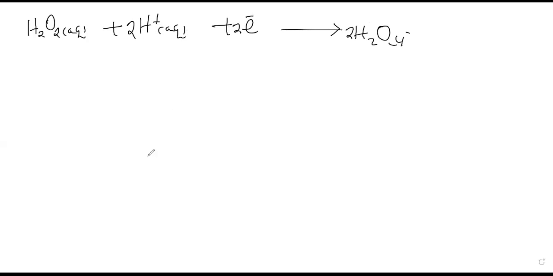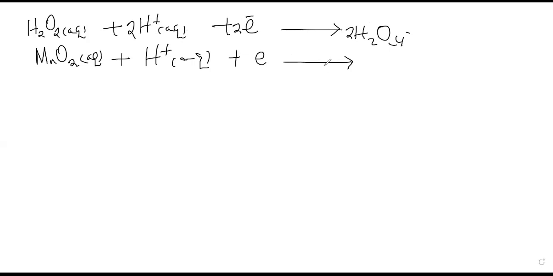Isn't it? Then we've got acidified manganese(IV) oxide. If you have acidified manganese(IV) oxide, gaining electrons, you will go to manganese(II) ions and water. Manganese is 1.